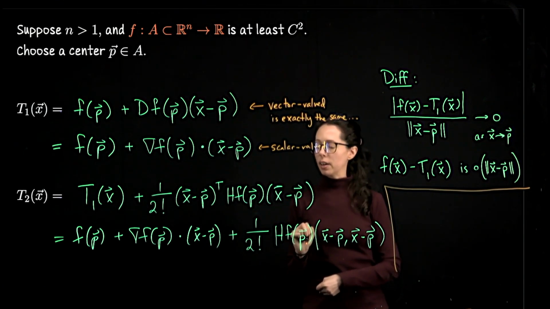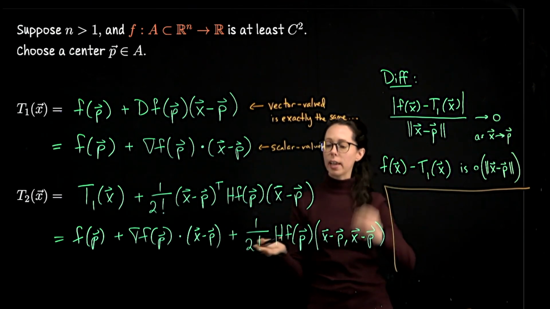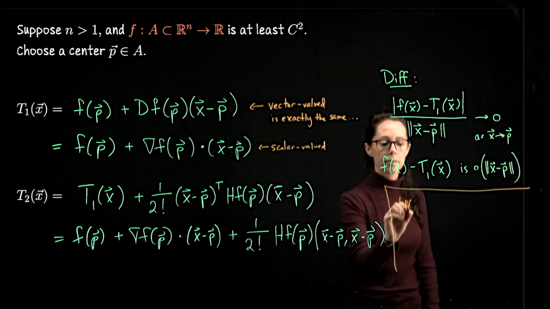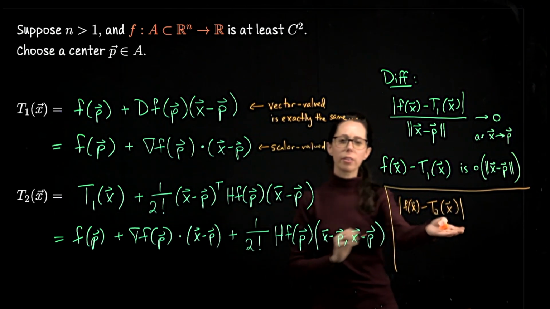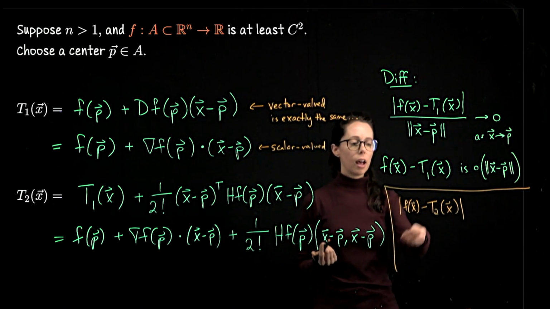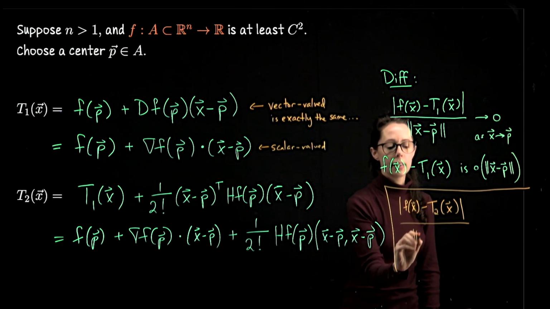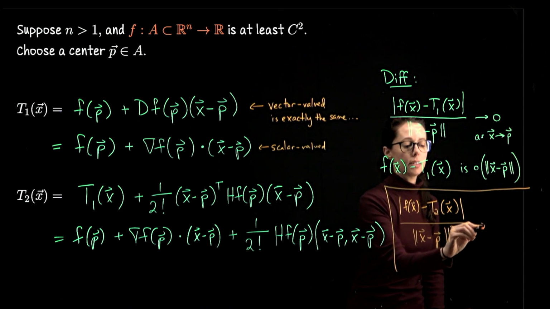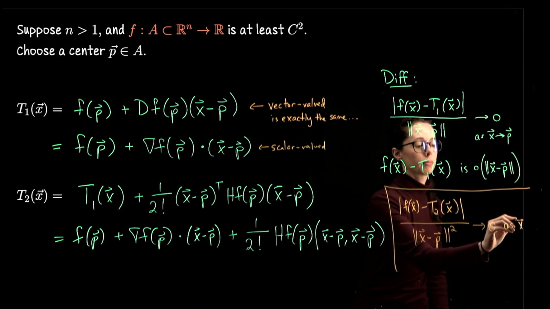And here, we want the size of this error, the error between our function and our T2, to satisfy that, you can omit these absolute values, by the way, because this numerator is just a scalar, but this divided by the distance from x to p squared goes to 0 as x goes to p.